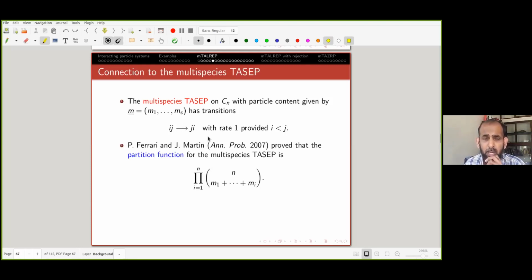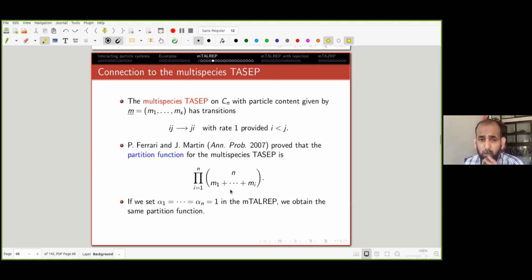Okay. And in a beautiful paper in 2007, Pablo Ferrari and James Martin proved that the partition function of this model is the product of these binomial coefficients, M1 plus M2 choose M1. In particular, if all the Mi's are 1, this is the product of the entries in one row of Pascal's triangle.